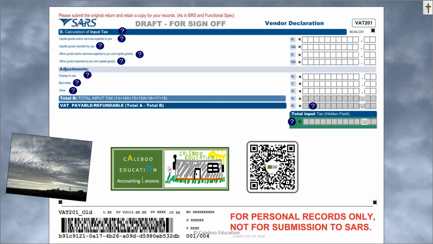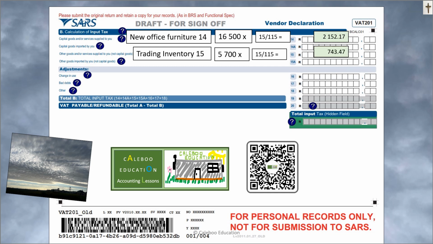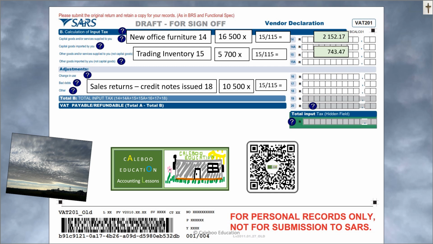This was the page where the input VAT was calculated. There was new office furniture bought, there's the calculation of the input VAT. Trading inventory was bought and the calculation of the input VAT. And then there were sales returns, calculation of the input VAT.